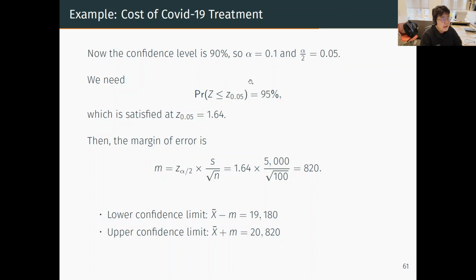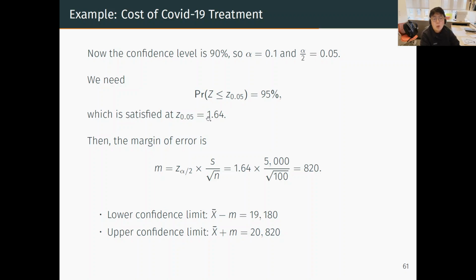So, same as before. The only difference is we are using 10% error probability. So 10% error probability corresponds to 1.64. 10% error probability means each side must have 5%, and then we are looking for the top 5% value, or the 95th percentile.